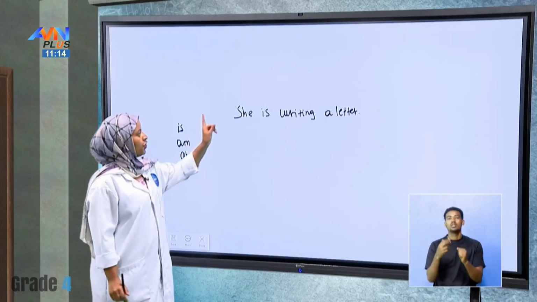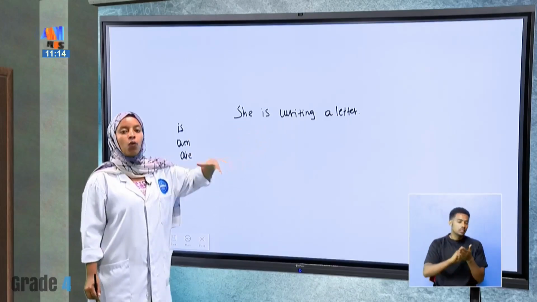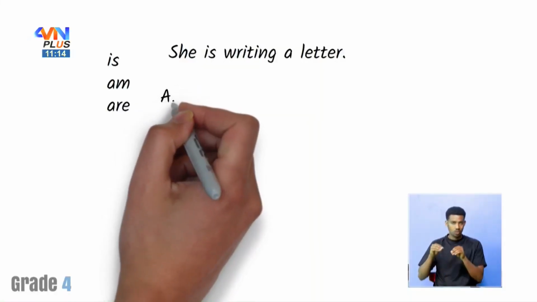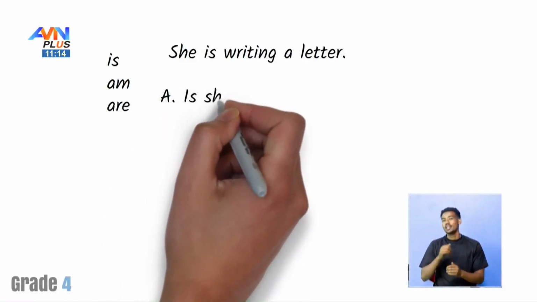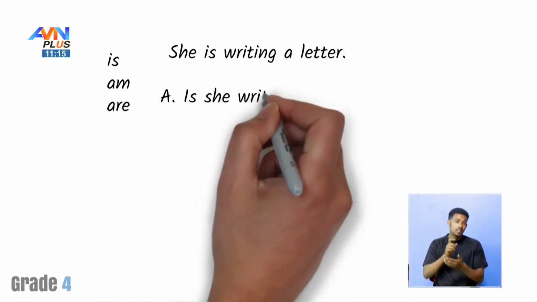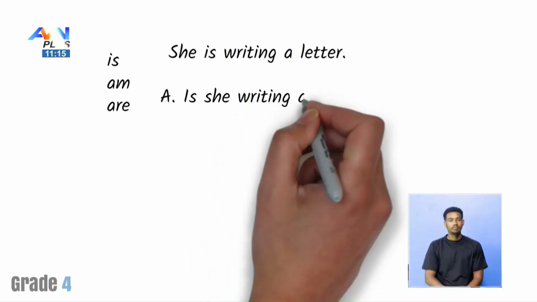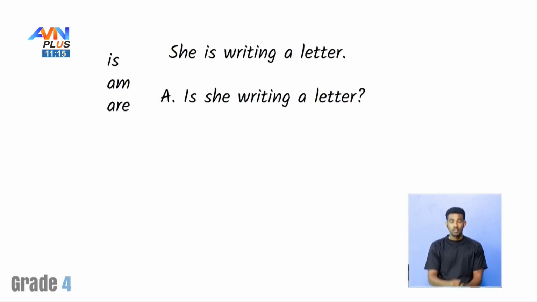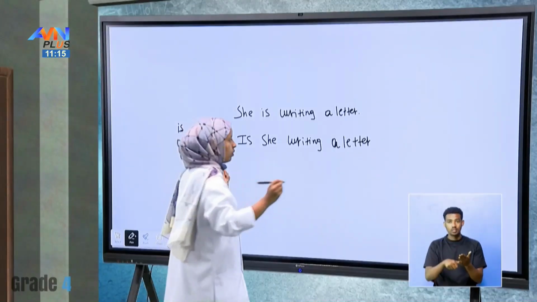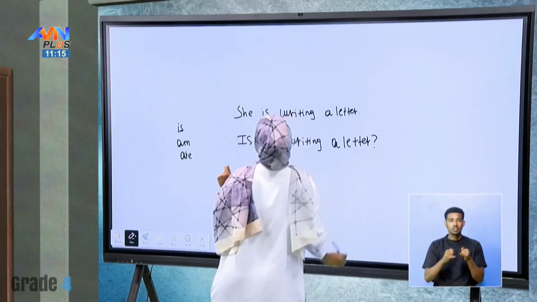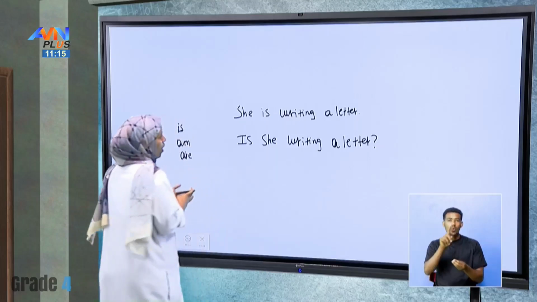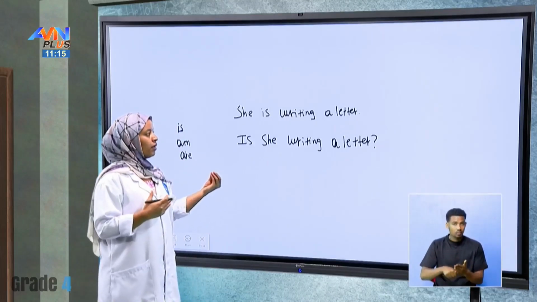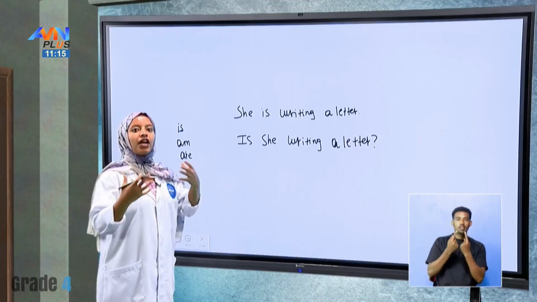For example, she is writing a letter. How are we going to change it? Bravo, students. Is she writing a letter? And at the end, a question mark. Is she writing a letter? For example, let us make this conversation or a dialogue with our friends.